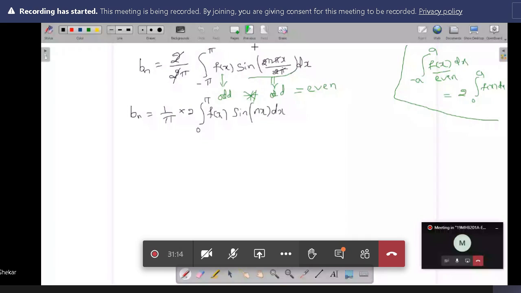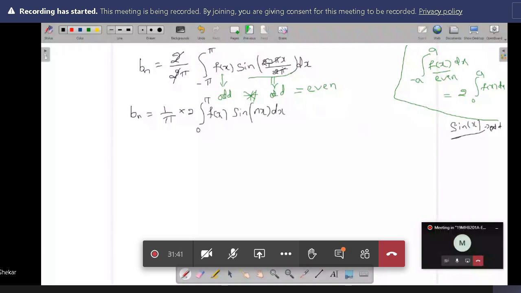As we saw just now, f of x is odd, and sine x is also an odd function. So here we have the product of odd into odd, which is even.